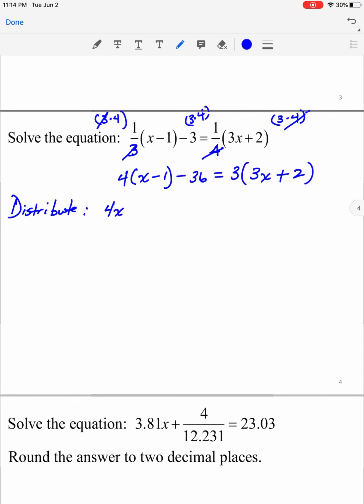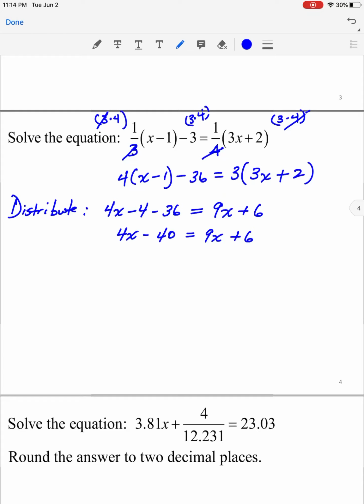All right, so the next phase is to distribute. So we have 4x minus 4 minus 36 equals 9x plus 6. Simplify. 4x minus 40 equals 9x plus 6.